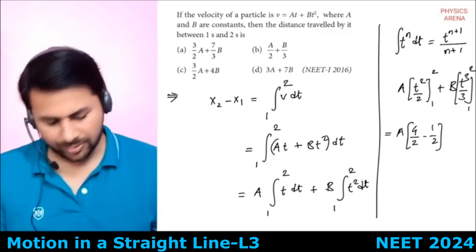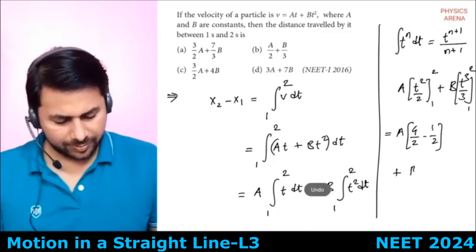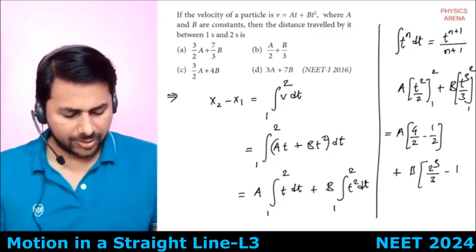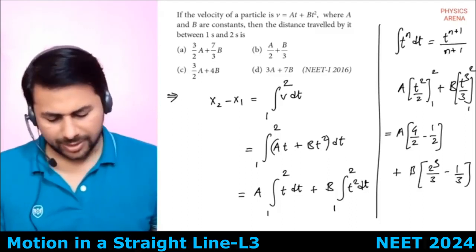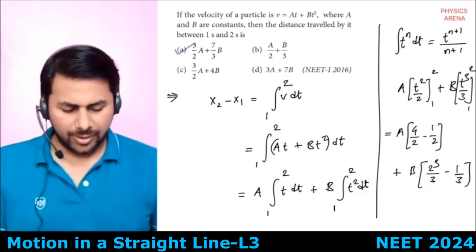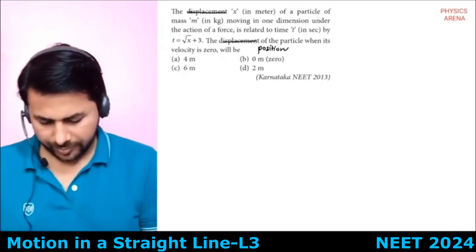So this will be 3 by 2, right? Plus you have b t³, so 2³ by 3 minus 1³ upon 3. So 8 by 3 minus 1 by 3, 7 by 3, right? It's option A. Good. Okay, so let's see next question.